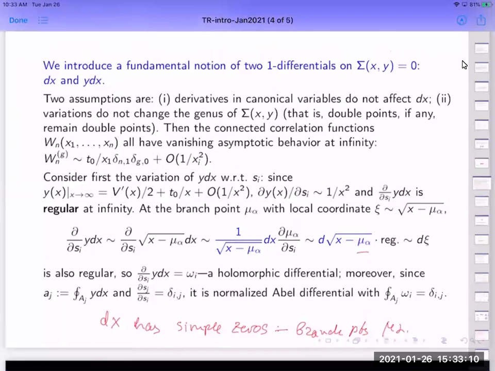If we have this structure, then the local coordinate near this branch point is this xi.